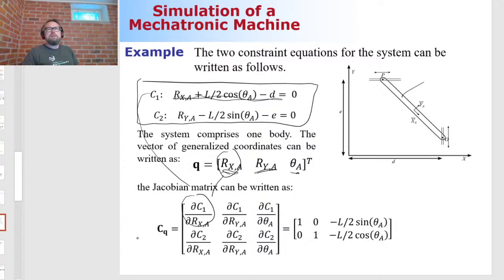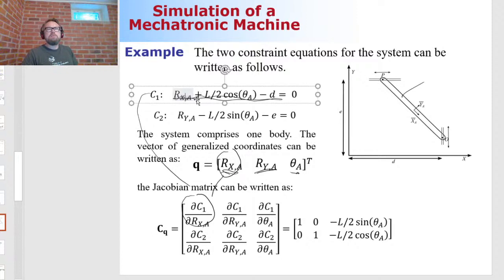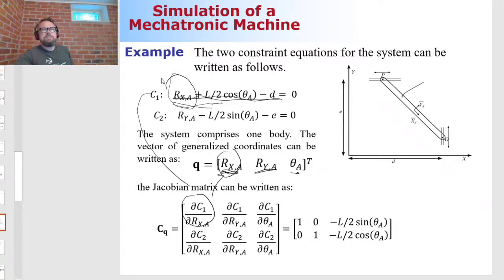Okay, now I made a little bit of mess, so I need to try to take this. Okay, all right. So you differentiate this one with respect to this one. The only place that Rx is mentioned is here.